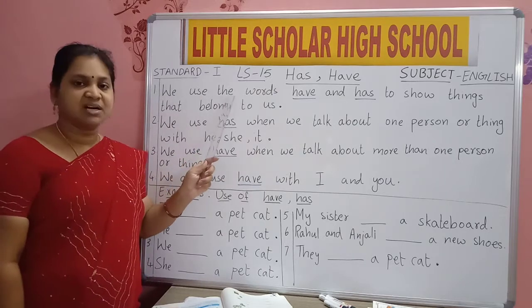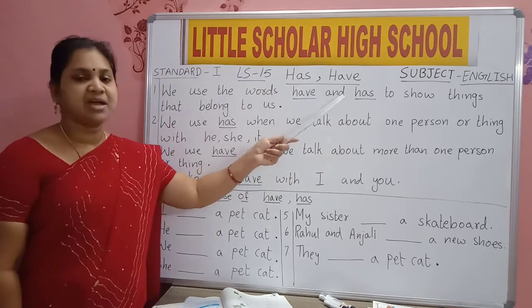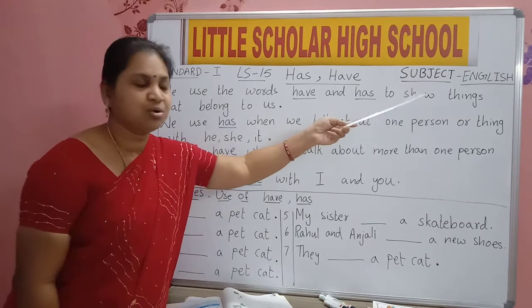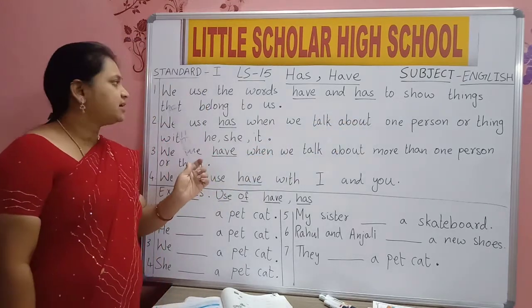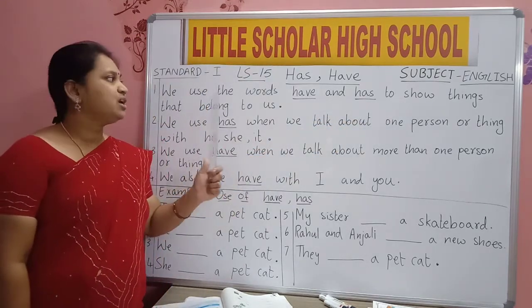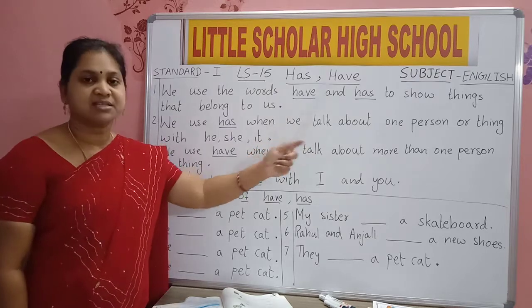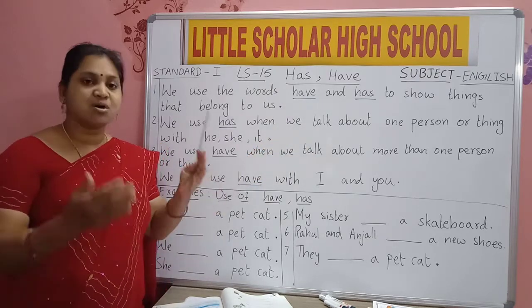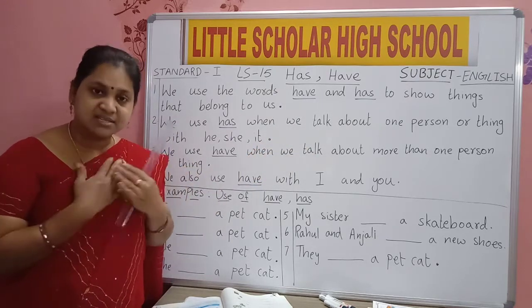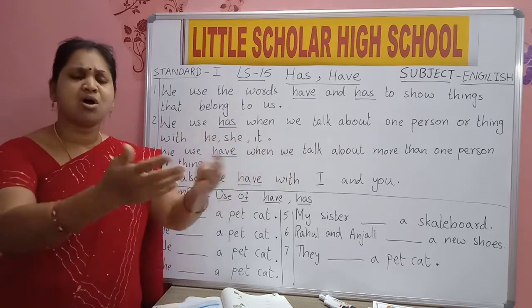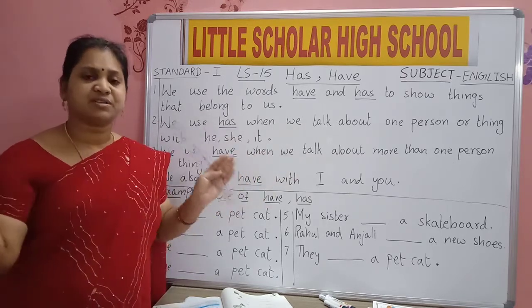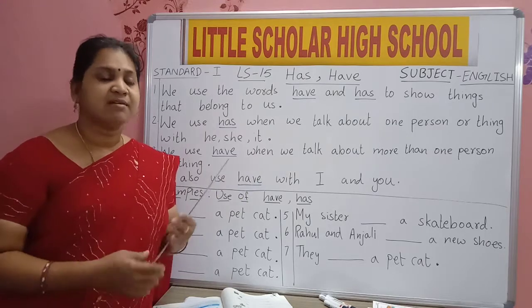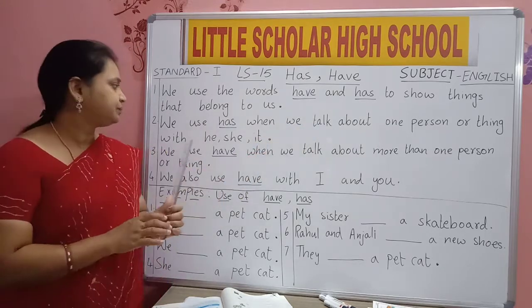We use the words have and has to show things that belong to us. Things belong to us means many. Us means all of us. So for things that belong to us, we use have and has.